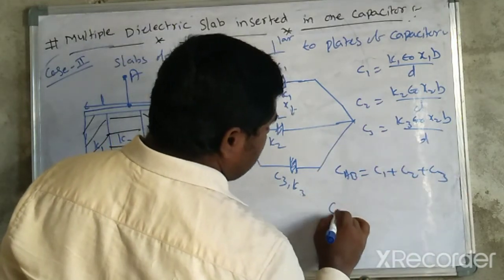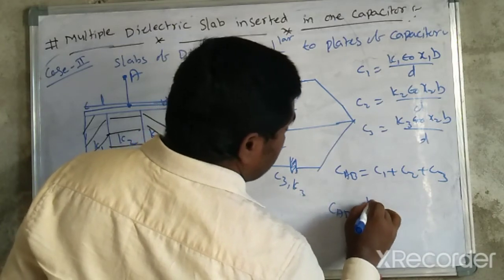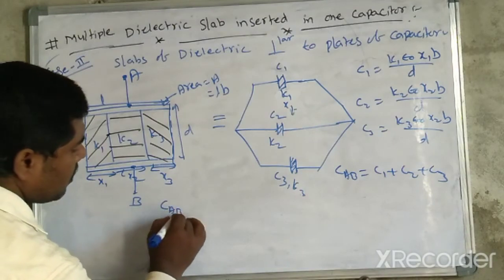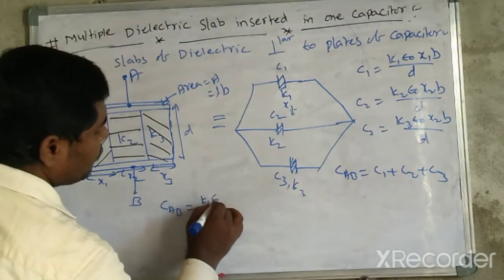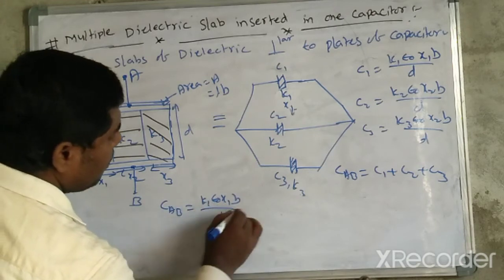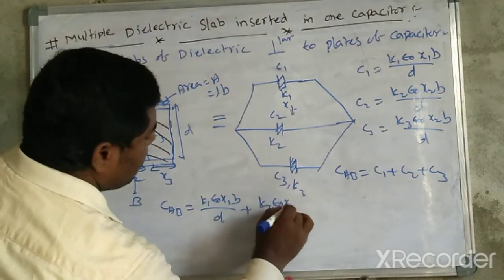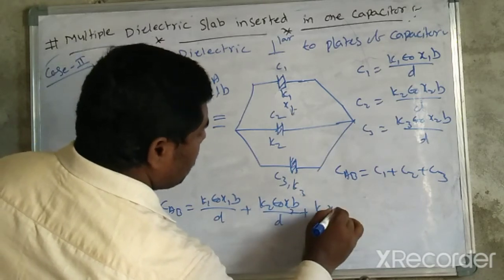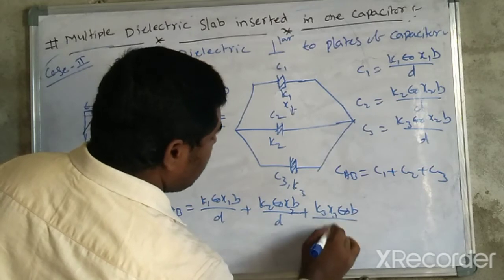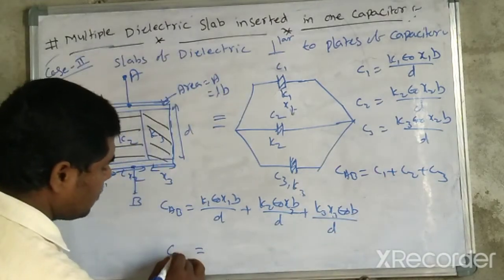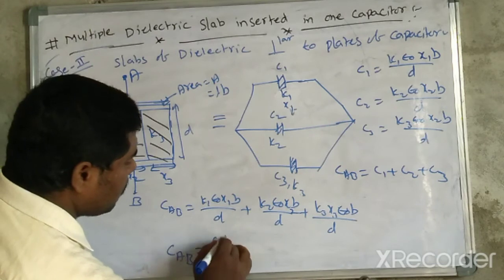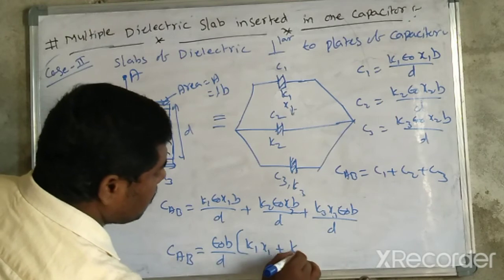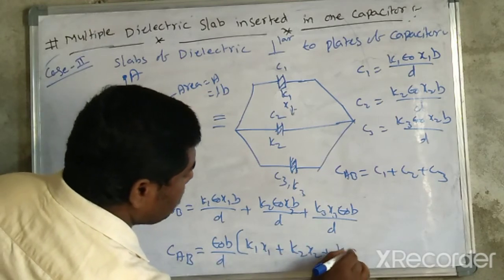Substituting, CAB is equal to K1 epsilon naught x1 B divided by D plus K2 epsilon naught x2 B divided by D plus K3 x3 epsilon naught B divided by D. Taking epsilon naught B by D common, the remaining is K1 x1 plus K2 x2 plus K3 x3.